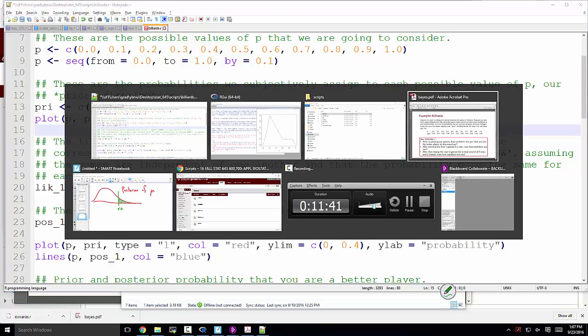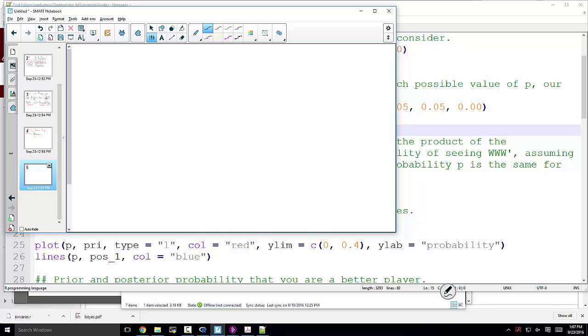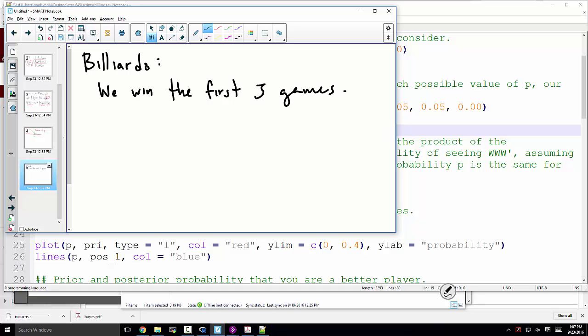Let me go back to the whiteboard for a moment. In the billiards context, we win the first 3 games. In order to do Bayes, we need a likelihood and a prior. We've got our prior.